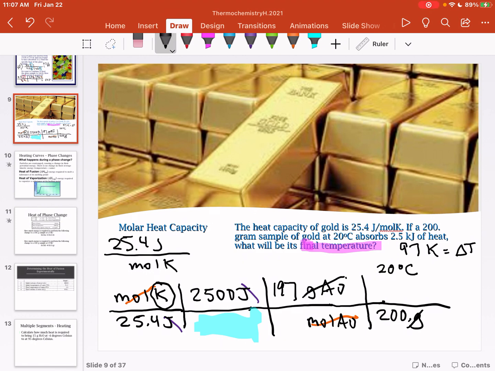So if the temperature increase was 97 K, it was also 97 degrees Celsius. So my new temperature, it absorbed heat, so it went up from 20 by 97 degrees, and so my new temperature is 117 degrees Celsius.